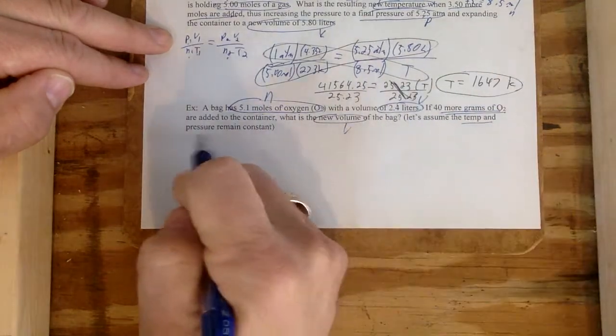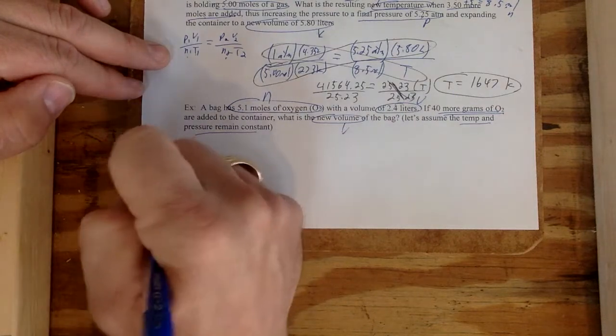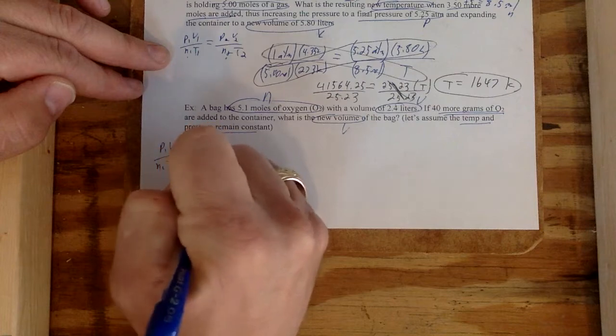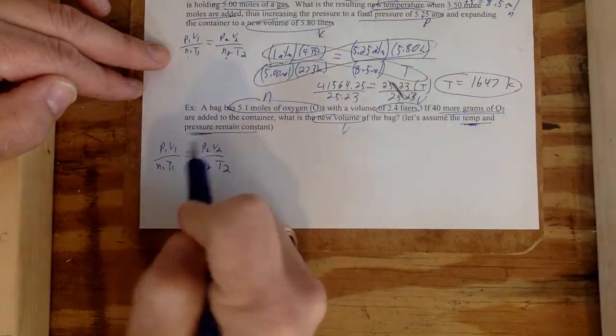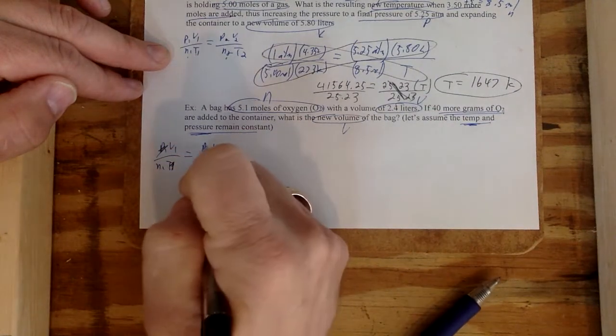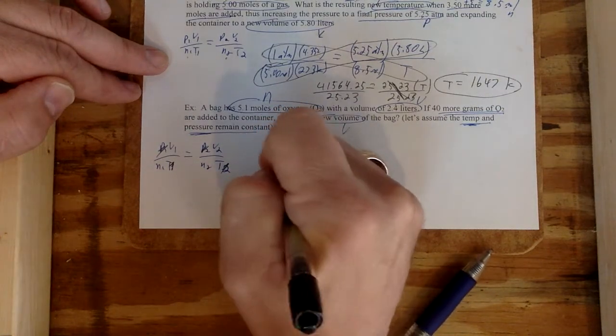Let's assume temperature and pressure remains constant. So that means out of the combined gas law, P1 V1 over N1 T1 equals P2 V2 over N2 T2. We can ignore temperature and we can ignore pressure.